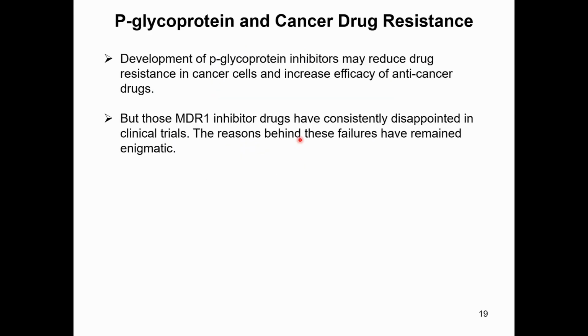P-glycoprotein is really important in the development of cancer-resistant cells. So there's been a lot of interest in finding PGP inhibitors so you can maintain the efficacy, the action of chemotherapeutic drugs. But they've been tough in clinical trials.